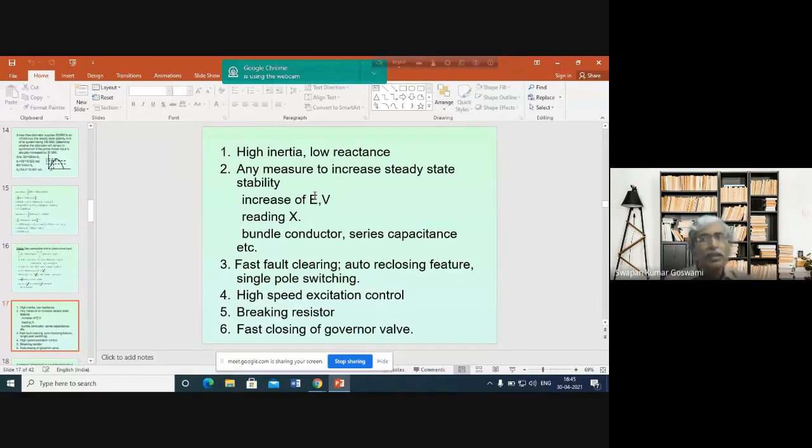That means the field current must be variable. You must be able to vary the field current such that the terminal voltage at any load is constant. If you don't have the field current variation facility, or if you cannot vary the field current depending upon the terminal voltage, then what will happen? At heavy load condition, terminal voltage will fall.